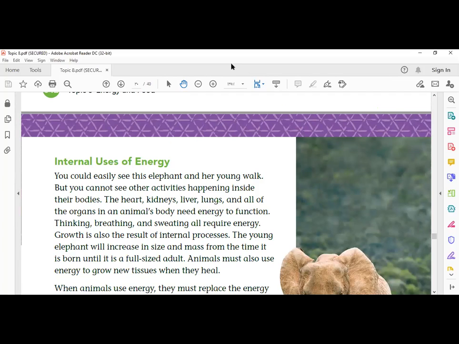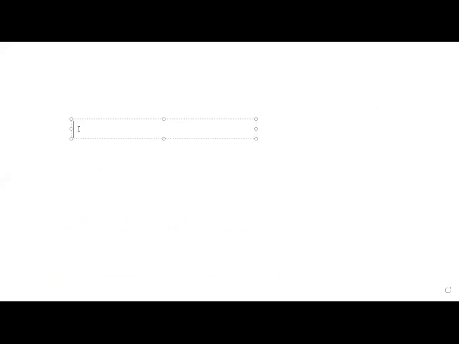Do you know what the meaning of this word, internal, is? Who can tell me? Internal means inside. Anything that is internal is inside. For example, your heart or your kidneys are all internal parts because they are inside.